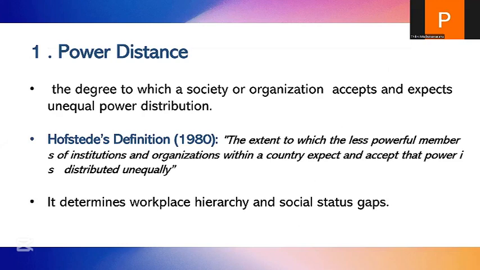Power distance is the degree to which a society or an organization accepts or expects unequal power distribution. In Hofstede's definition, the less powerful members of institutions and organizations within a country accept or expect that power is distributed unequally.